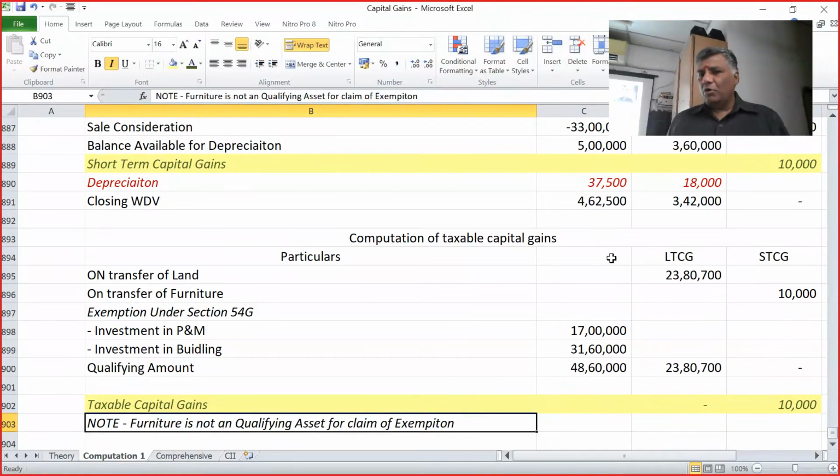But only for 2380 you can provide for land. Other exemption you cannot provide for furniture, because it is not a specified asset. Even if you invest in furniture, or sell furniture, exclude that. The section says what is a specified asset.